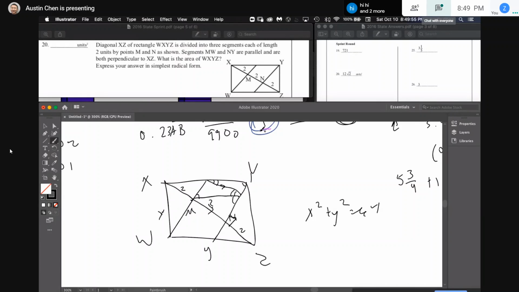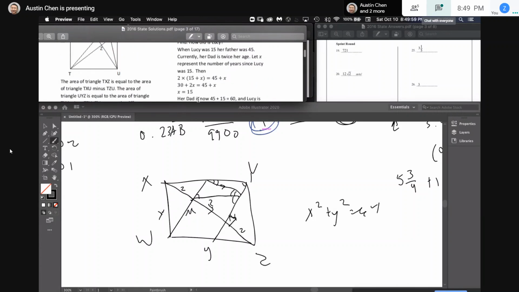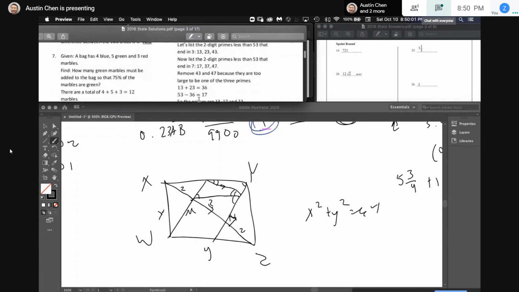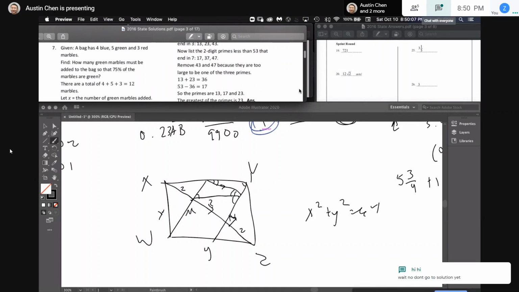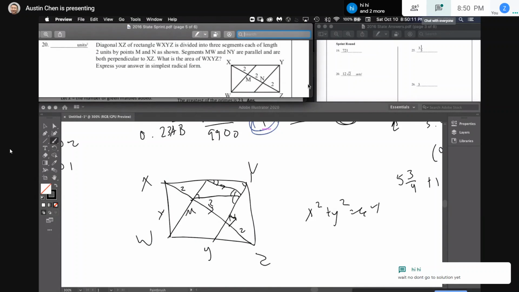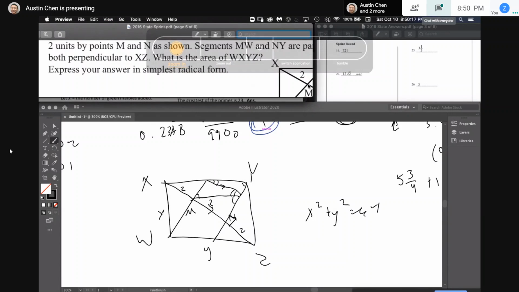Oh hey, we actually have a solutions manual, if you want to go ahead and look at that. He's saying no, don't do it. Sure, we can try some more stuff.